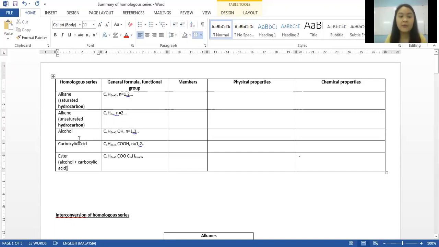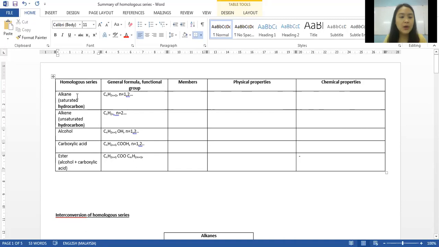The product that it forms is called ester. So these are the 5 homologous series that you have learned under Chapter 2. Each of these homologous series has a list of members inside, and each has its own general formula, its own functional group, and very different physical and chemical properties.